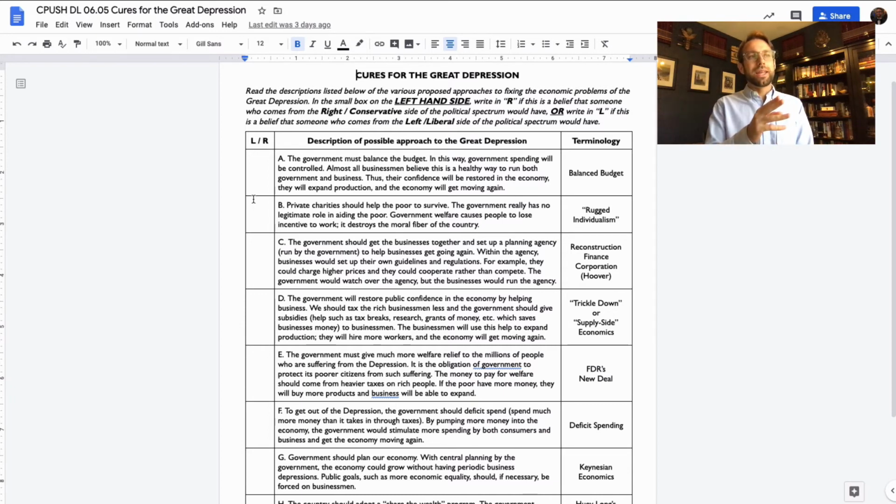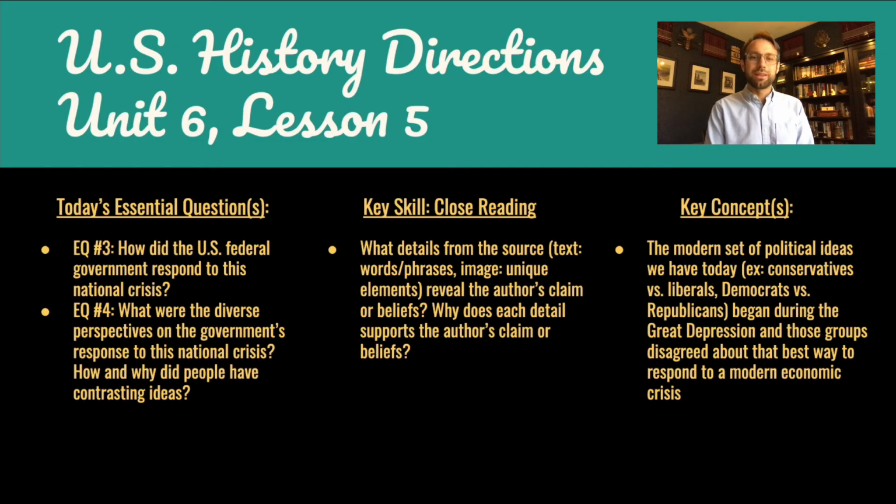On the right-hand side where it says terminology, the description is in the middle, but there is a specific term that goes with this, right? Often that's the way it works: yes, this is what it would look like, but it has a name tied to it. So ultimately, looking back at the directions, the goal for you today is to figure out how the policies that were being put forth during the Great Depression reflect the political ideas from the spectrum from the previous day.